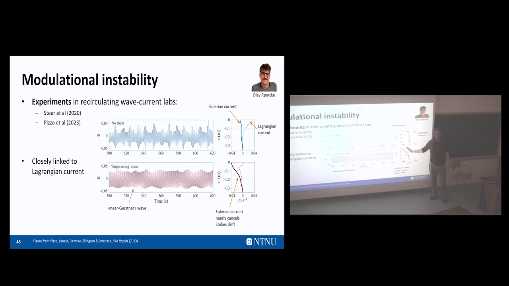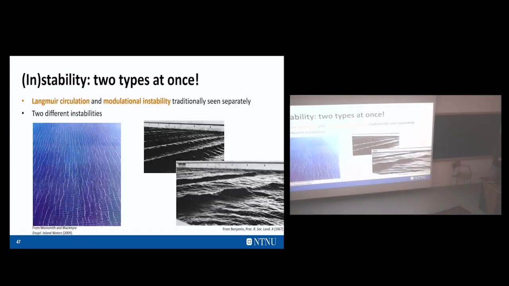So we were able to create an Eulerian mean flow that is approximately the same but opposite to the Stokes drift. I guess it's the closest that anyone's come to making a Gerstner wave. And then you see the modulational instability just vanishes. That was gratifying, and it was a nice little demonstration.